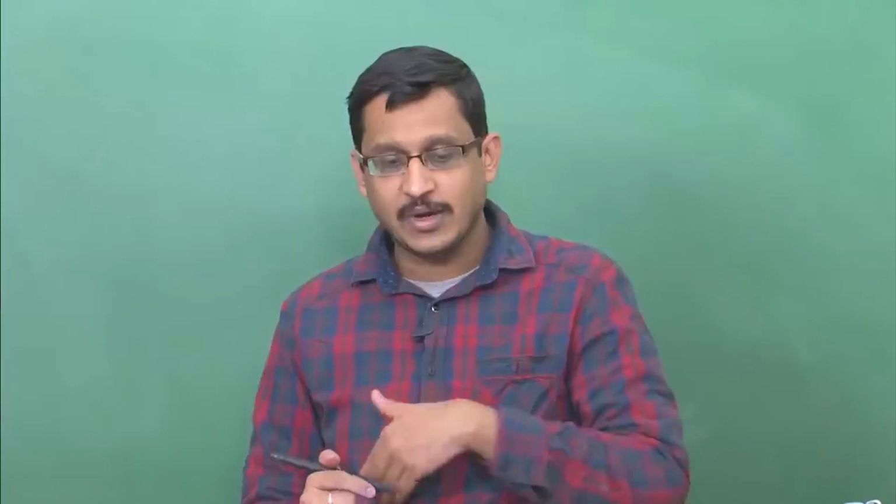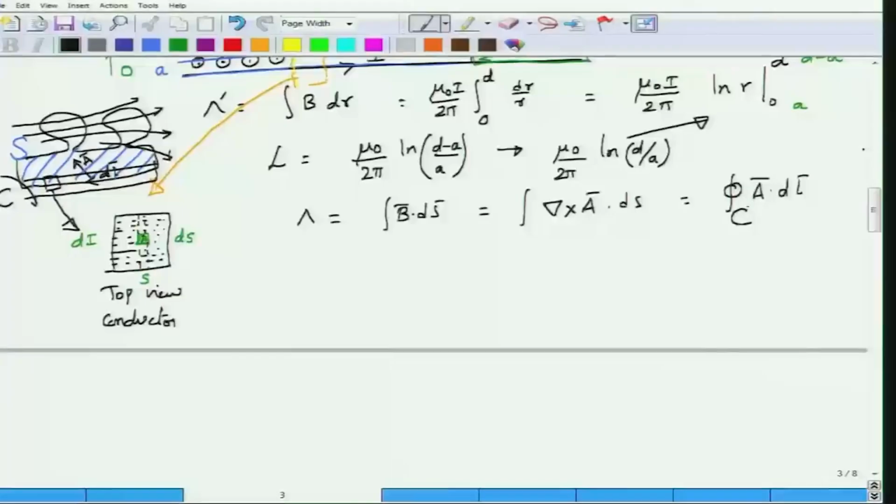One is over the big surface S, or equivalently over the big contour C, and the second is over the cross section itself, because you have to sum all the contributions of the filaments inside. Therefore, the magnetic flux properly for wires with finite cross section will involve two integrations.